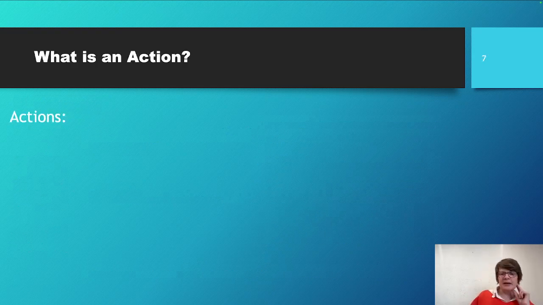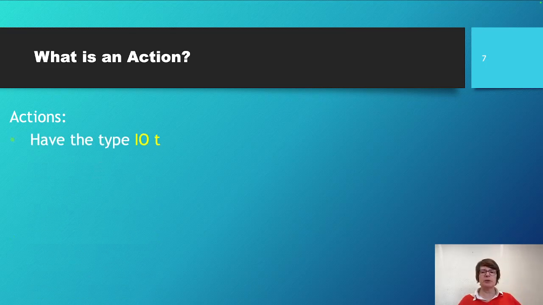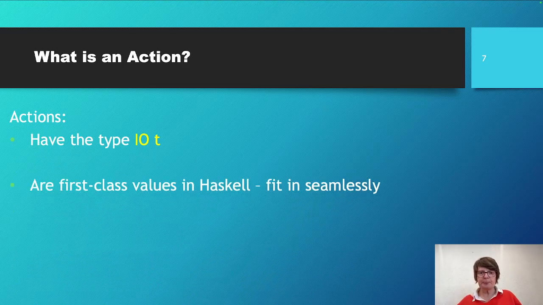So what do we mean by an action then? Actions have the type IO T, and it's really nice that we can talk about these as first-class values in Haskell, and they fit in seamlessly.